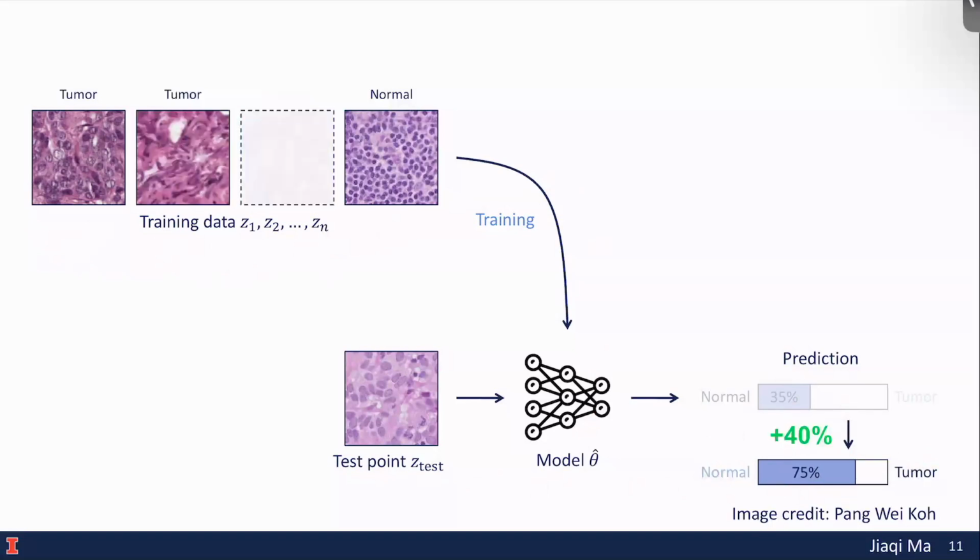Then we repeat this for the third training data point, and suddenly we find a large change in the prediction of the newly retrained model, which also makes the prediction correct. In this way, we know that this data point has a large influence on the trained model's prediction on this particular test data point. That is a way for us to identify influential training data points.